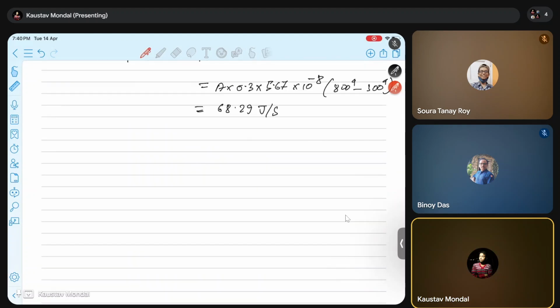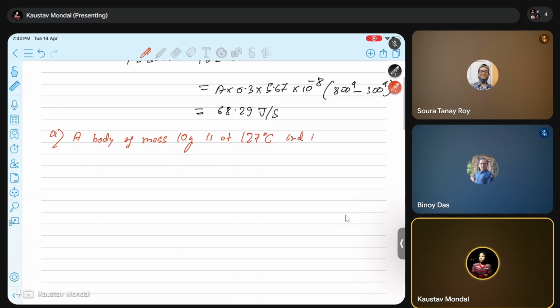Question 4. A body of mass 10 gram is at 127 degrees centigrade and is enclosed in a surrounding at temperature T equal to 27 degrees centigrade.